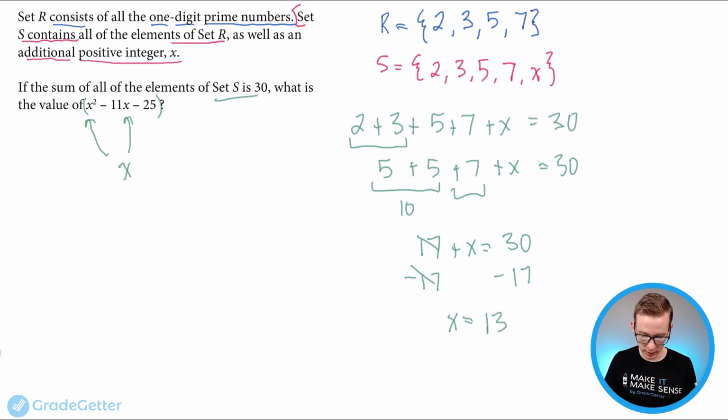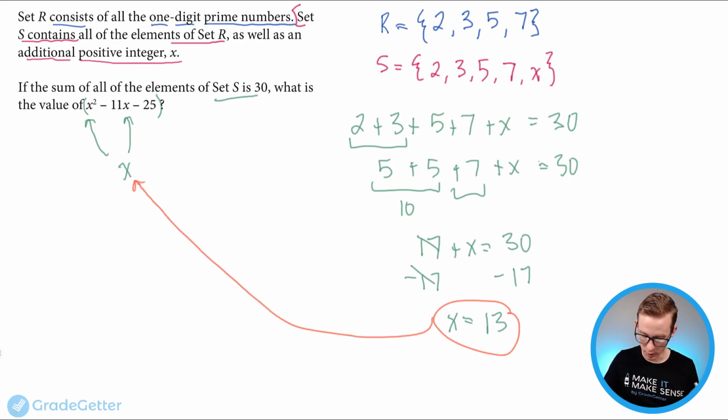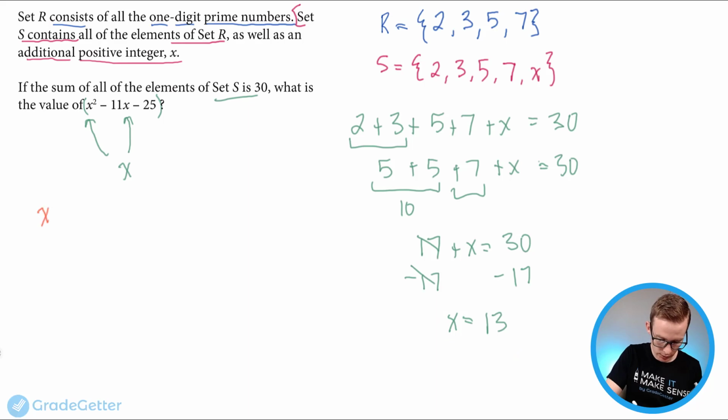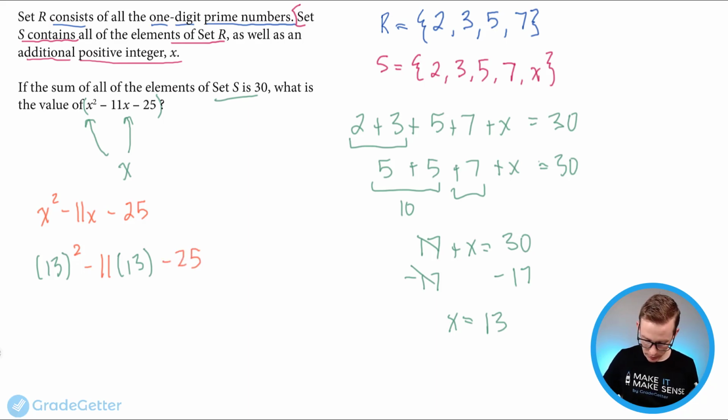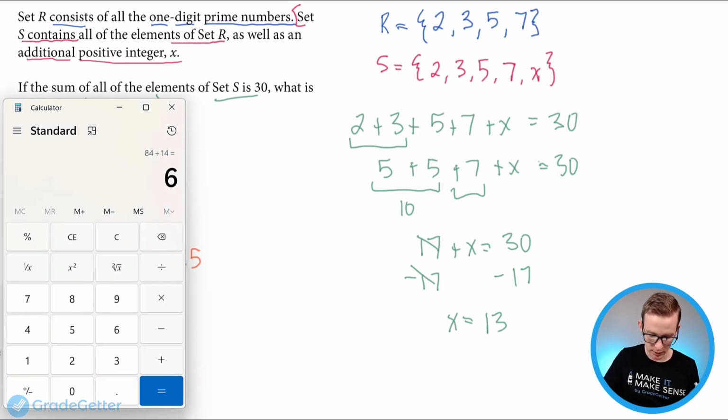Okay, so now we know what x is, which means we could just plug it in to our equation up here. So our equation is x squared minus 11x minus 25. We figured out what x was, so now wherever there's an x, we can just plug in 13. So this will be 13 squared minus 11 times 13, that's 11 times x, minus 25. 13 squared, let's see, I think is 169, but remember we're allowed to use our calculator, so I'm just going to make sure.